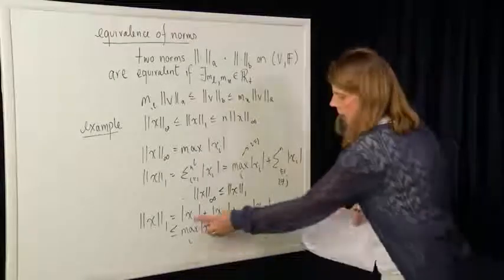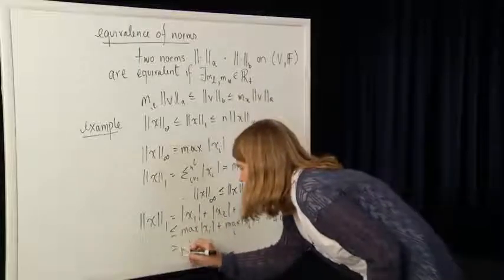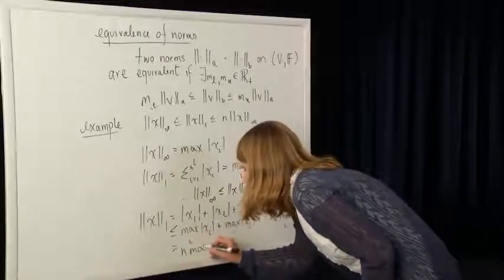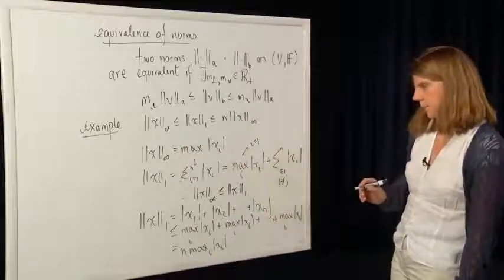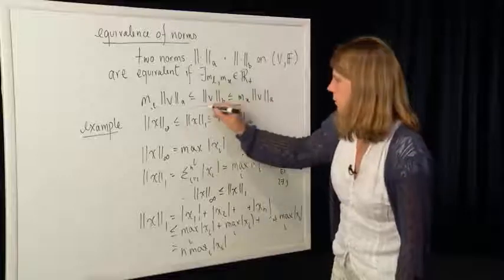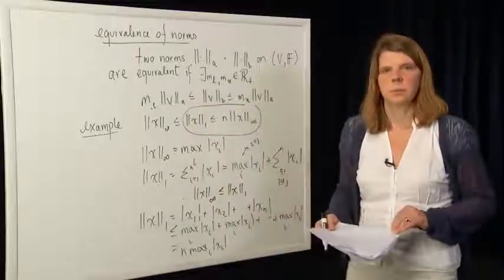I've just replaced each of them with the upper bound, the max. And that's just equal to n times the max over i of |x_i|, which proves this relationship here. So typically these relationships are easy to prove.